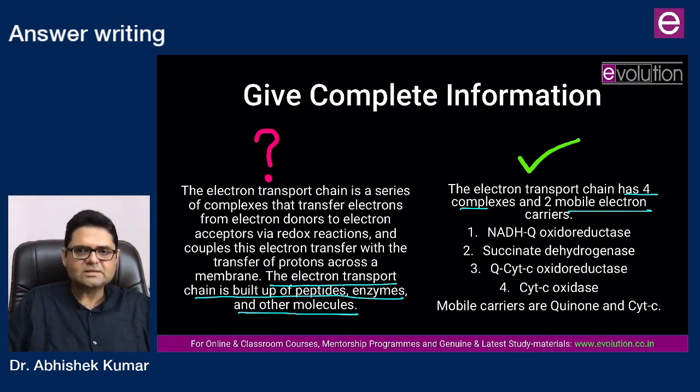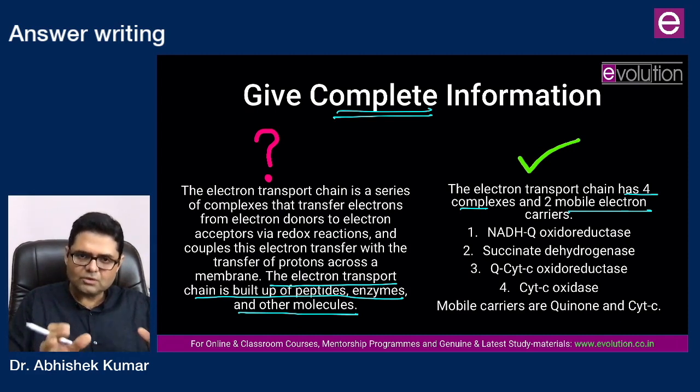There are 4 complexes, hence only 4 complexes have to be mentioned. So give complete information. As I told you earlier, let's say that if the Krebs cycle has 8 steps, mention all the steps, the substrates, the product, the nature of the reaction, the enzyme, whether NADH or FADH2 is produced or not. That's it. So always give complete information.